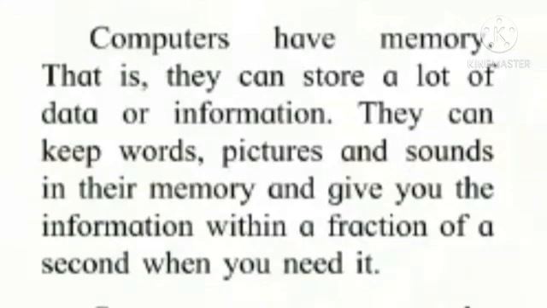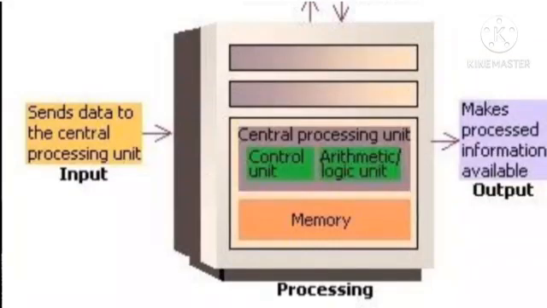Computers have memory, that is, they can store a lot of data or information. They can keep words, pictures, and sounds in their memory and give you the information within a fraction of a second when you need it. We all know we can memorize things.